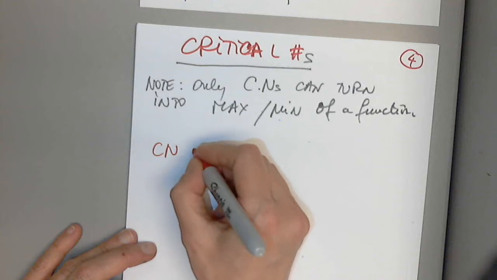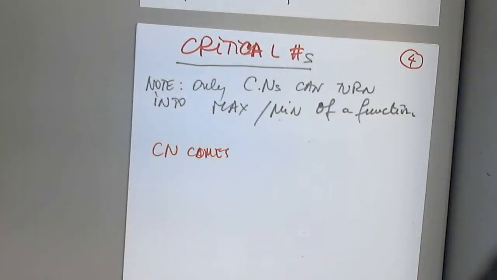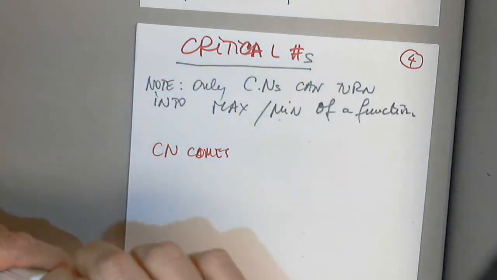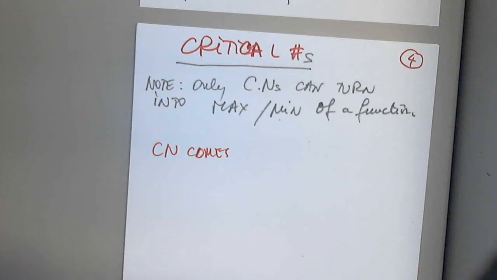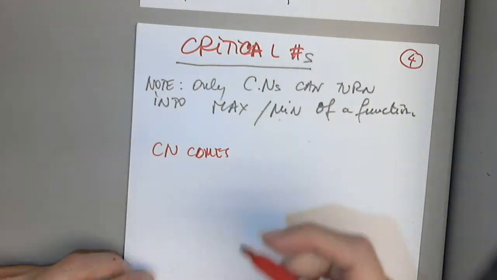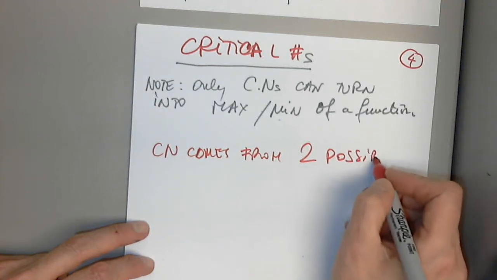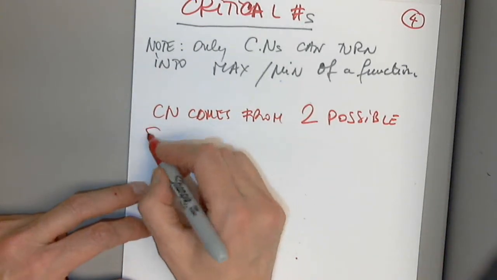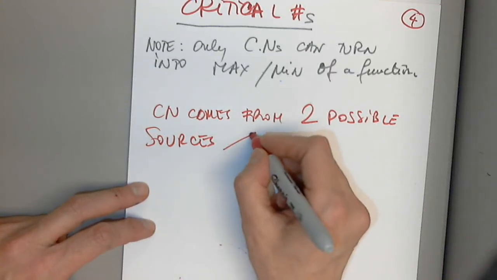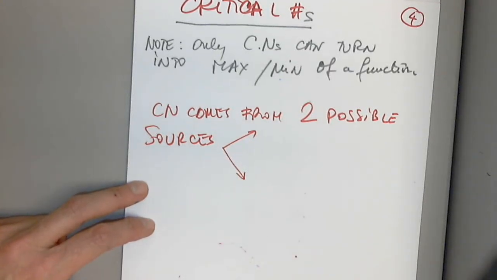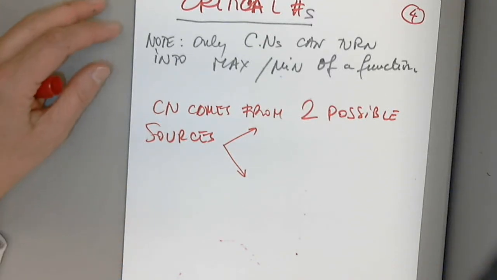A critical number comes from two possible sources. A function can have critical numbers coming from both, or none, or just one.